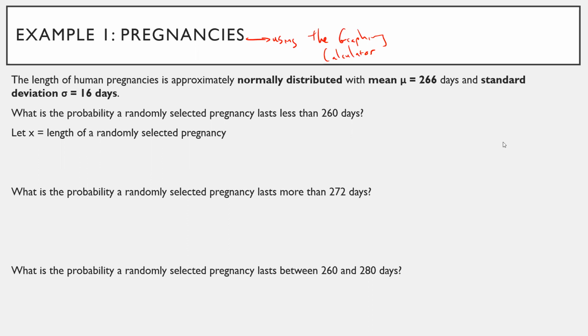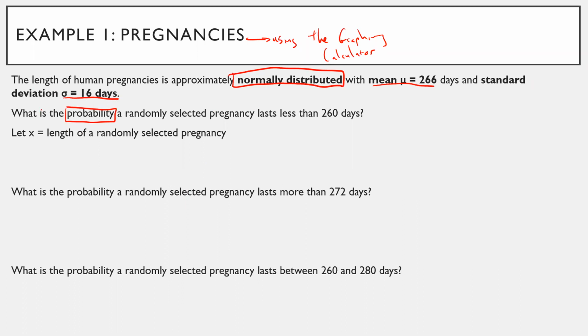Most babies come around their due dates, and not that many come way late and some come way early. They're saying that the average time is 266 days and the standard deviation is 16 days. Normally distributed, you're getting the mean and standard deviation, and then I'm going to ask you for a probability.